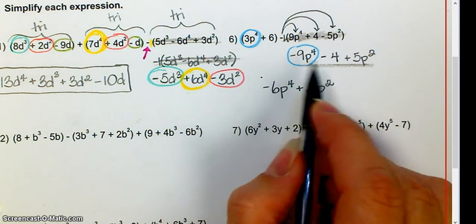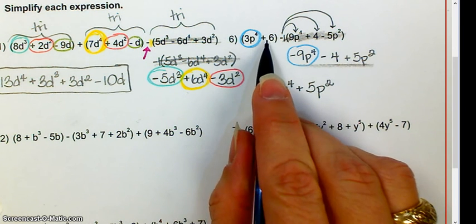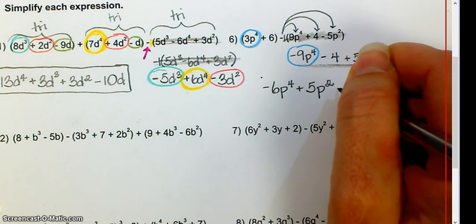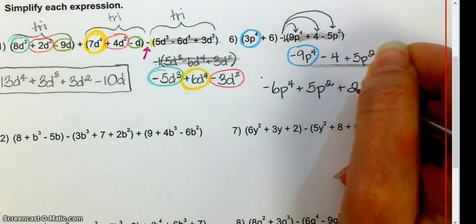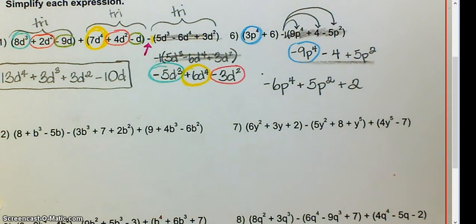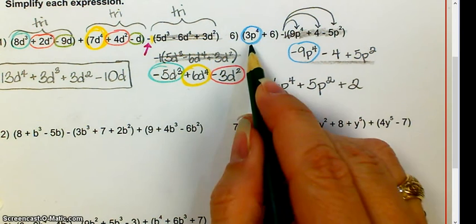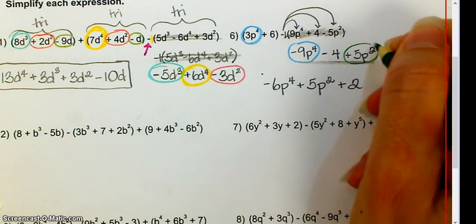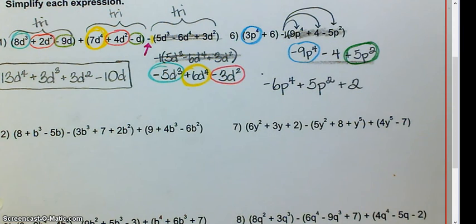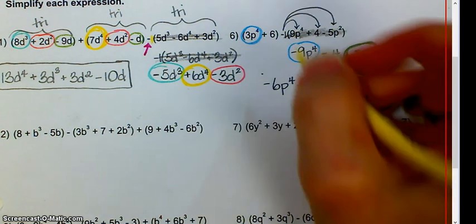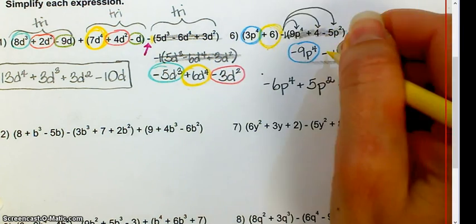So now you're just down to your numbers, and that is a positive 6 and a -4, so that is plus 2. Okay, are we good here? I didn't color code. P to the 4th, this was the only p to the 2nd, and then we had some plain old numbers, a positive 6 and a -4.